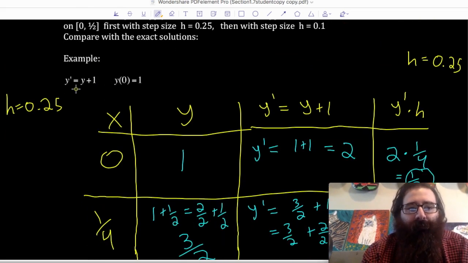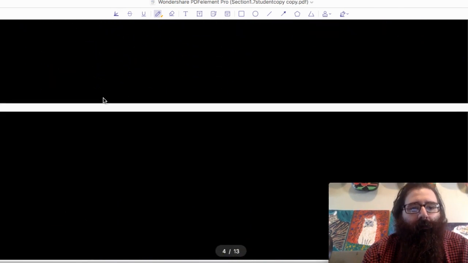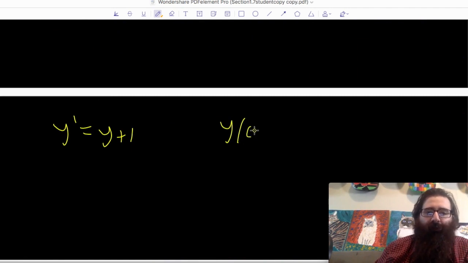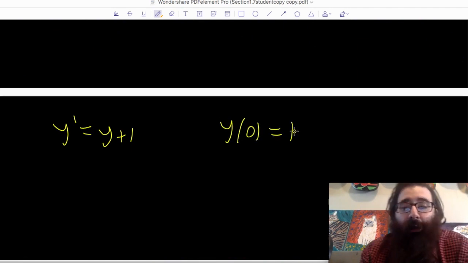And there's a couple sort of answers that I would have to a question like that, but let's write this down first. Y prime is y plus 1. So we'll go here, y prime is equal to y plus 1, with initial value y of 0 equals 1. Now, unfortunately, and this is sad to say at the beginning of the semester, we can't solve every differential equation.